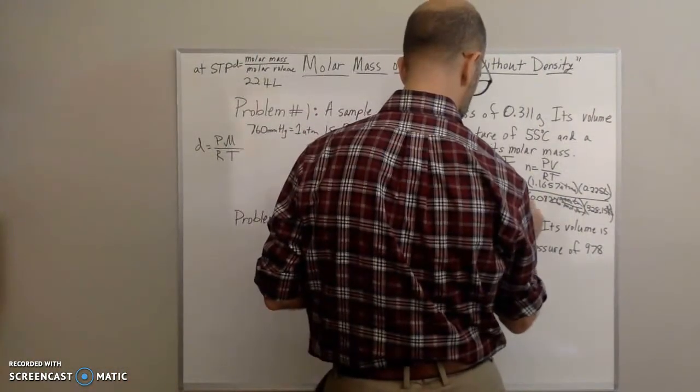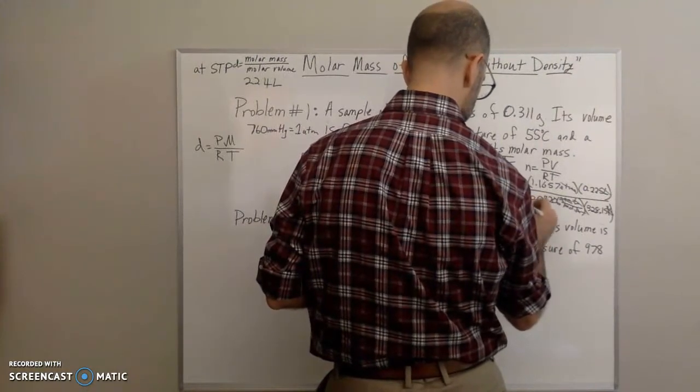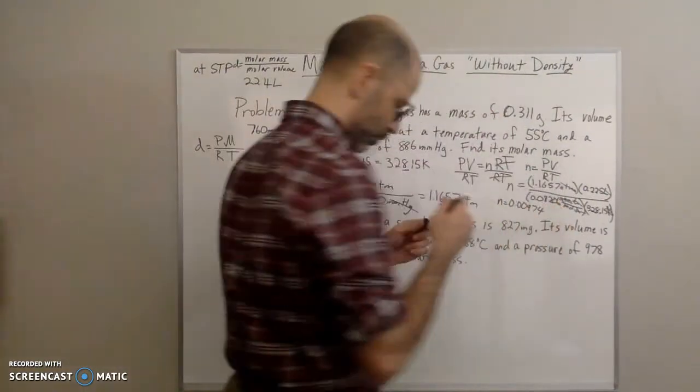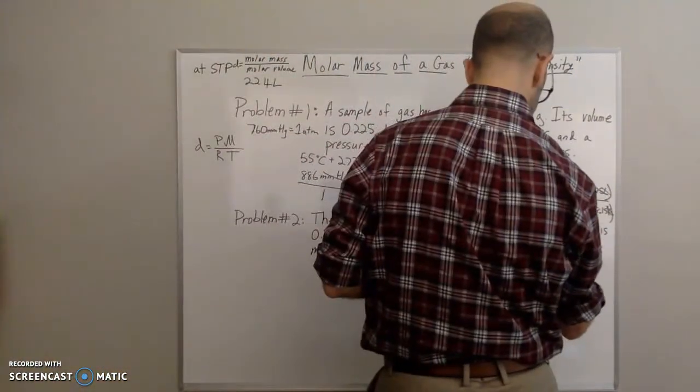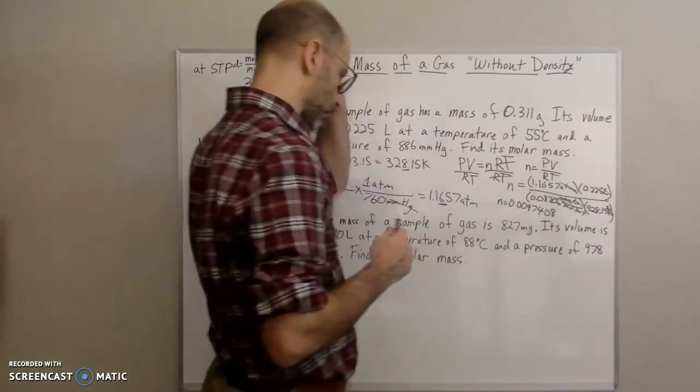So the number of moles is 0.00974. Let me double check. 0.0097408. Okay, so that's the number of moles that I have.